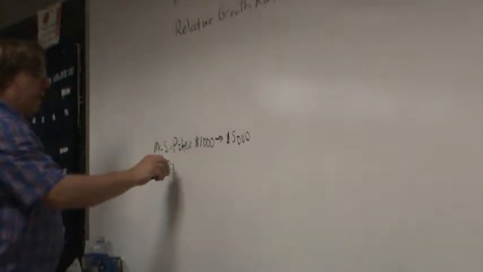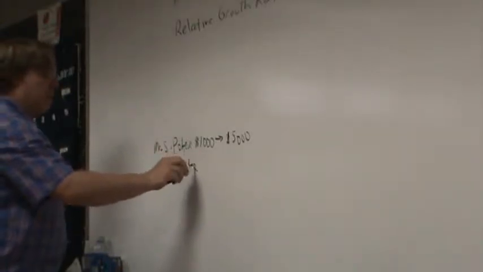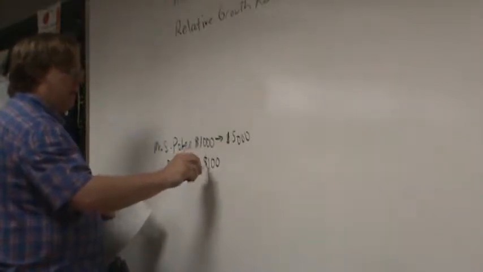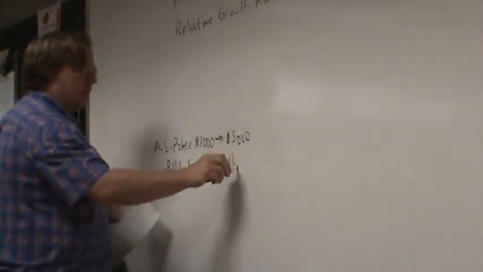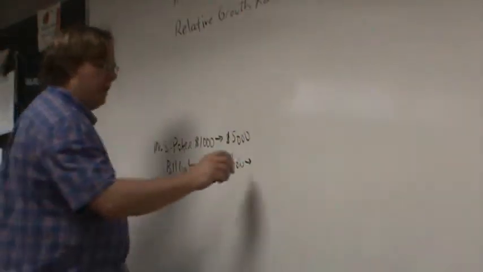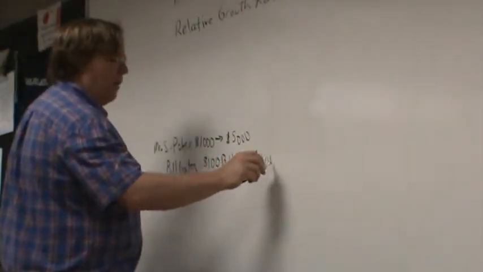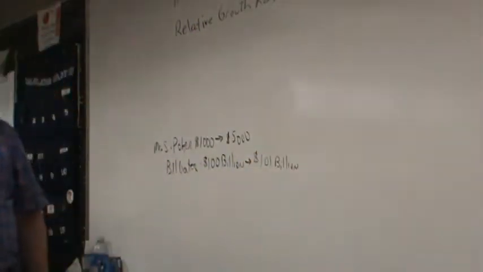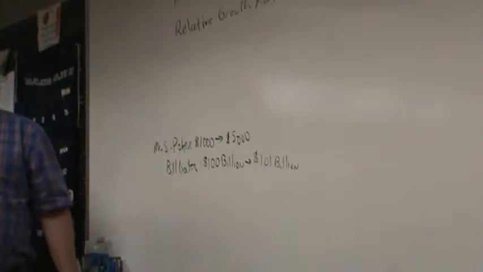Meanwhile, Bill Gates takes his $100 billion and does some normal investments with it. And now he's got $101 billion. Tell me, who did better?